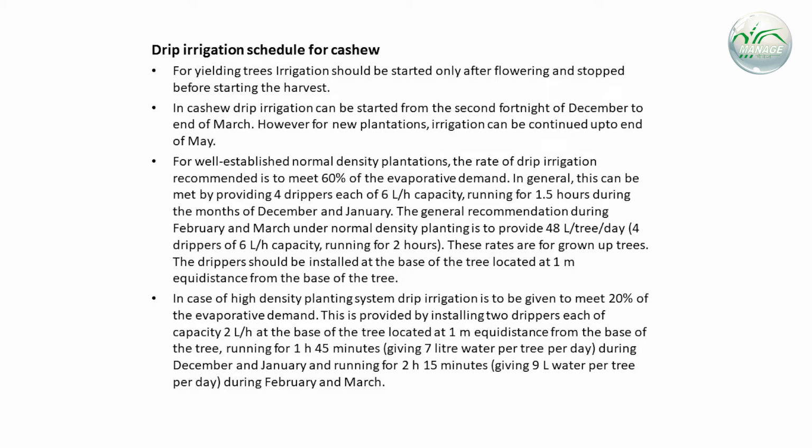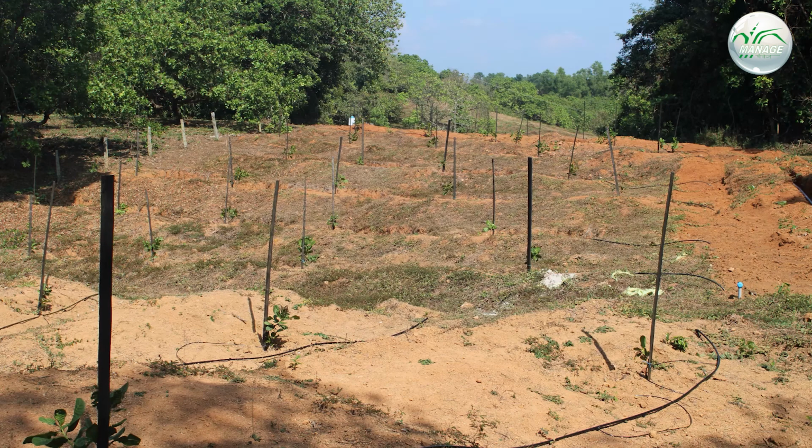Drip irrigation allows water saving to the tune of 40 to 70% in comparison to other methods of irrigation and 25 to 80% increase in yield. The water requirement in cashew is decided based on the climatic condition, canopy area and growth phase of the plant.